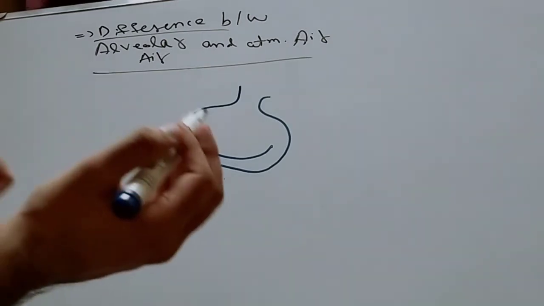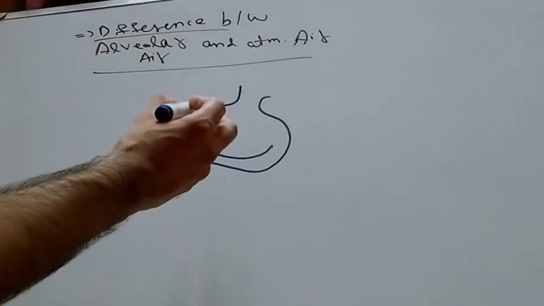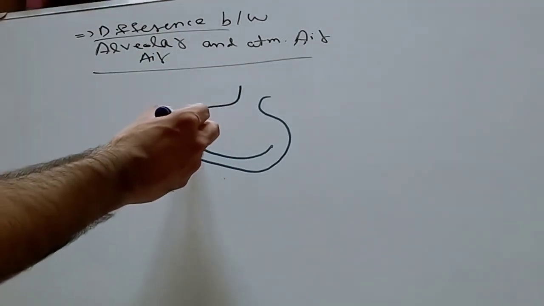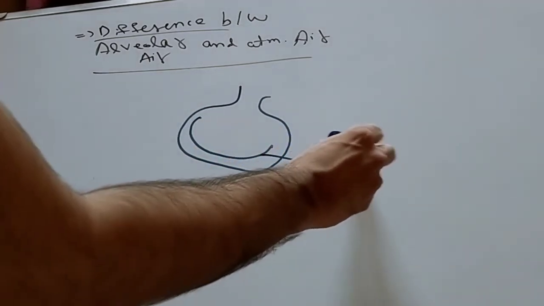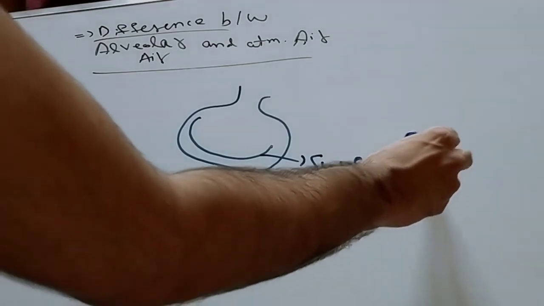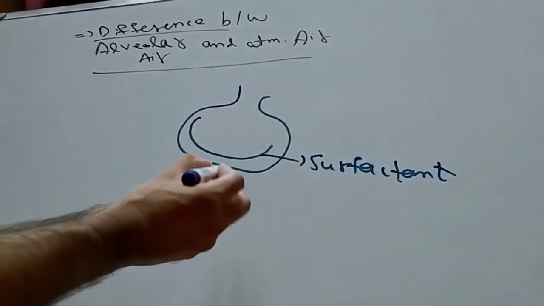Okay, now you would have to follow me. First of all, it is the surfactant. Then here comes the alveolar epithelium.